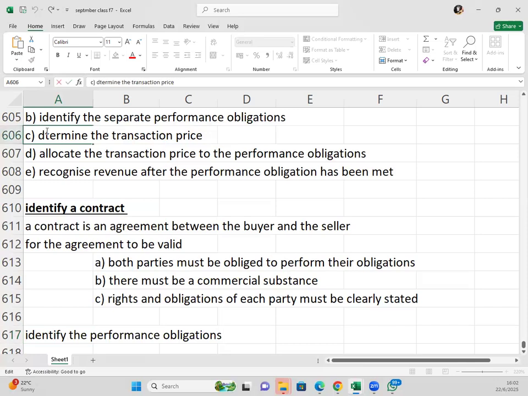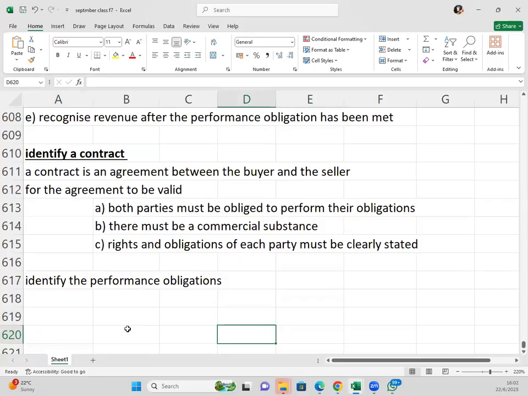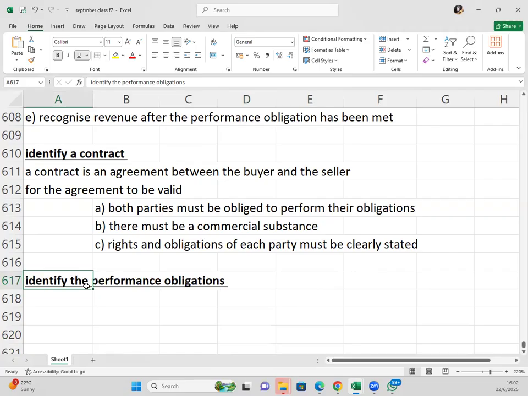There are certain types of sale contracts that have what you call a bundle of sales. So if you are identifying the performance obligations, you are identifying what it is you are supplying, the goods, the services, and recognizing revenue. If there are different performance obligations, it means that you are required to carry out more than one task.